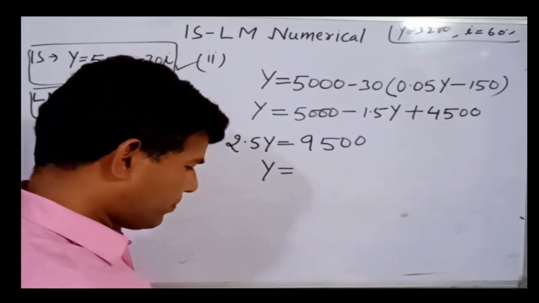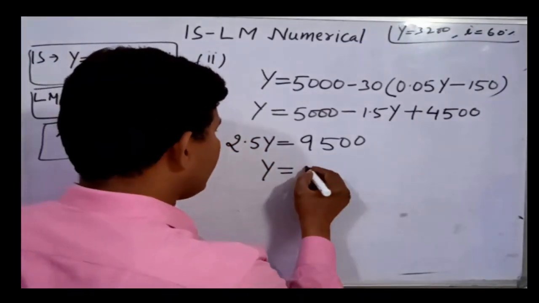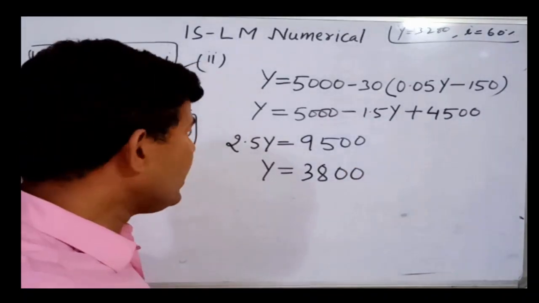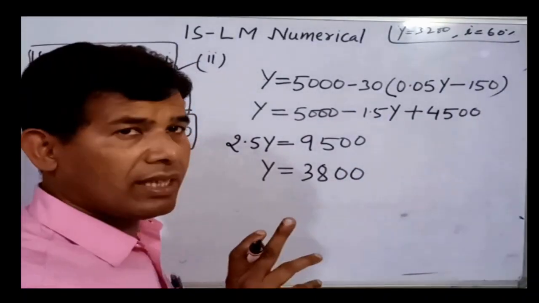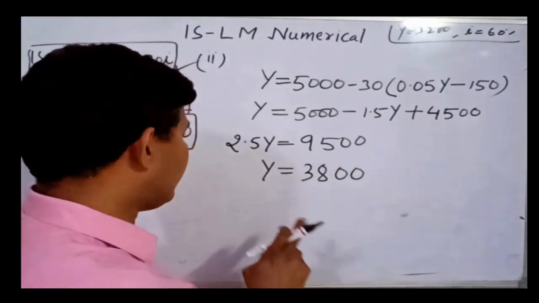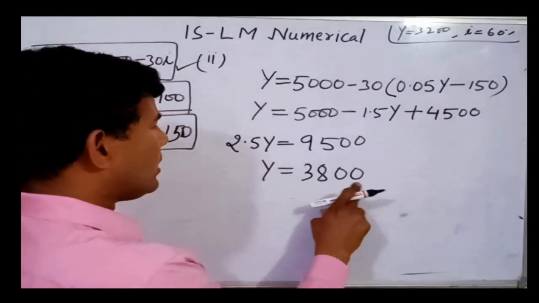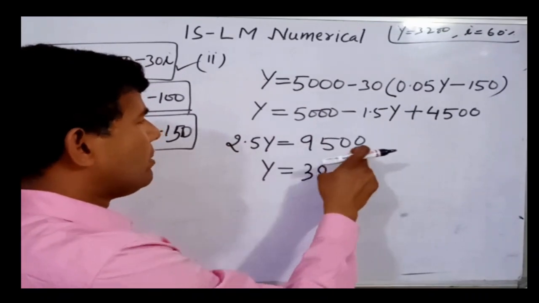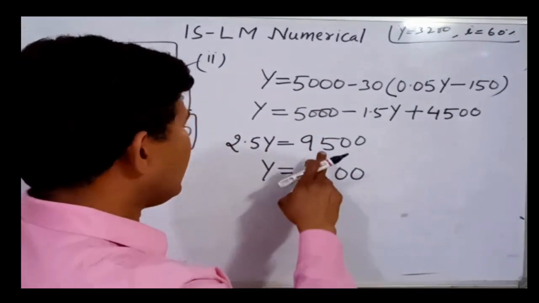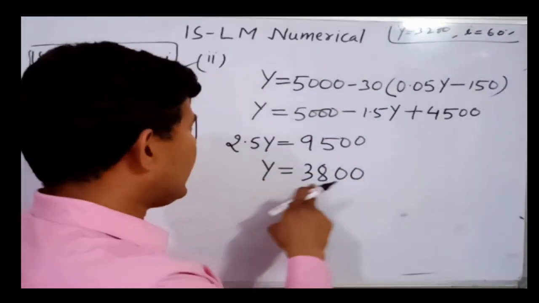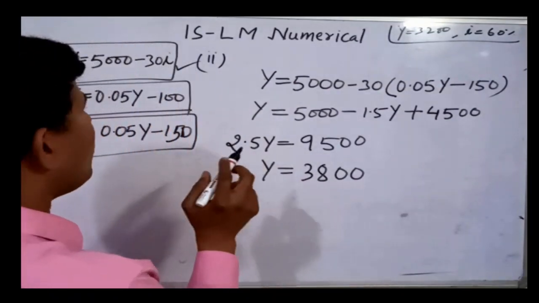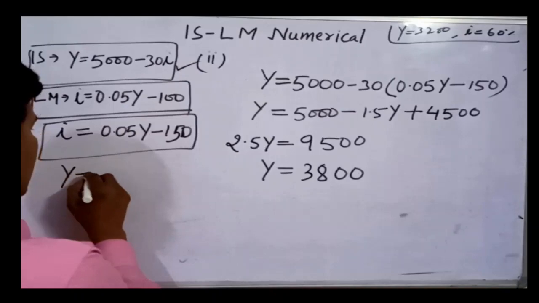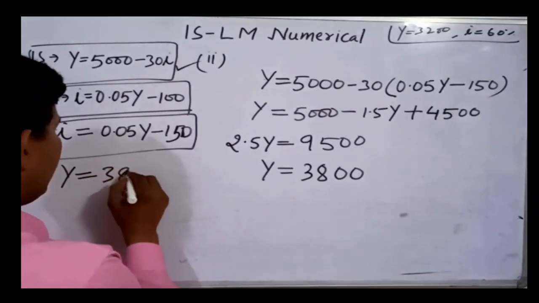And now I can find out the value of equilibrium income, which will be 3800, right? So how have I got 3800? I've taken this 2.5 to the right hand side, divided 9500 by 2.5, I get 3800. So we get now the new equilibrium income, y is equal to 3800, right?